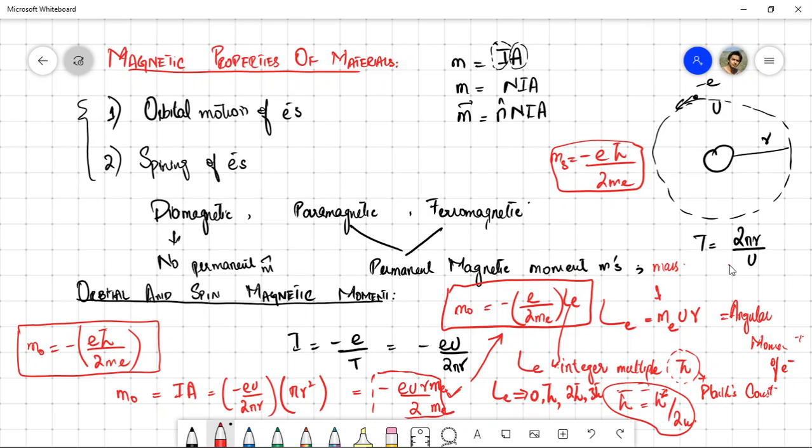Why is it so? He is saying that atoms which have an even number of electrons have them existing in pairs, and whenever there are two electrons in a pair, the spin of one electron is usually opposite to the spin of the other electron.